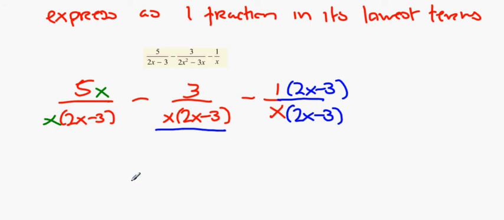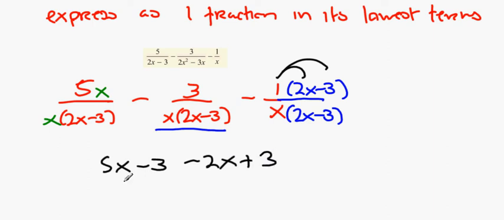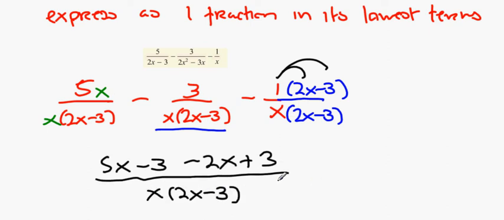So what I can now do is say it's going to be 5x minus 3 multiplied by minus 1, I'm going to get minus 2x plus 3, and that's all going to be divided by x into 2x minus 3. See what happens here, we're going to get 3x divided by x, because the minus 3 and the plus 3 cancel.